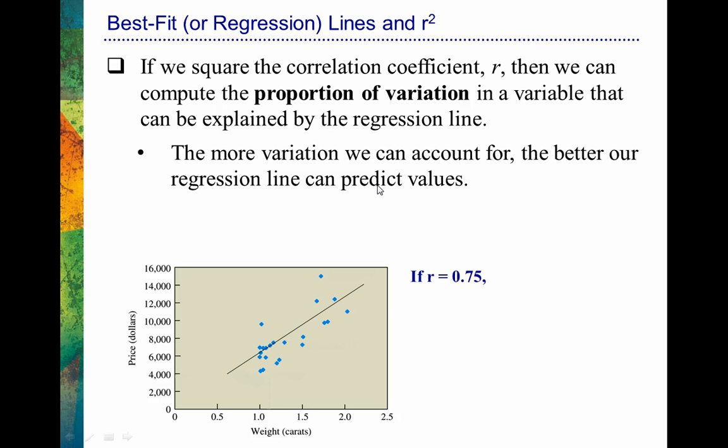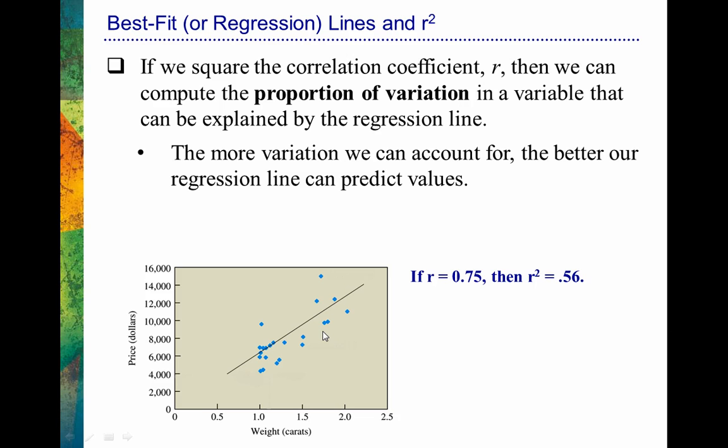You'll see what I'm talking about in just a second. In this particular case, let's just assume, because it's true, that the correlation coefficient equals 0.75. If we were to take this R value and square it, we can find this proportion of variation in that variable that is explained by that regression line. In this case, if you take 0.75 and you square it, you'll find a value of 0.56.